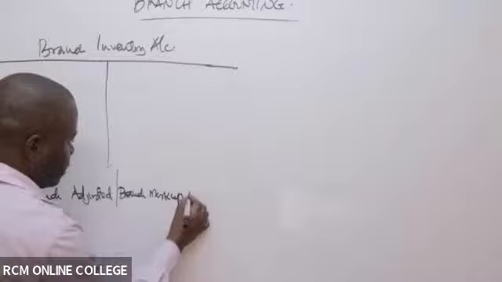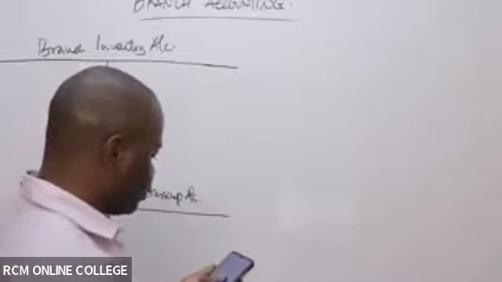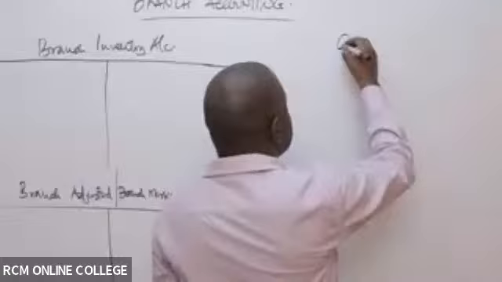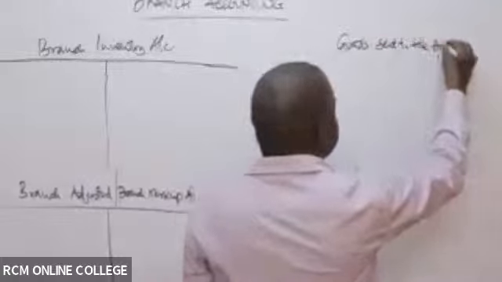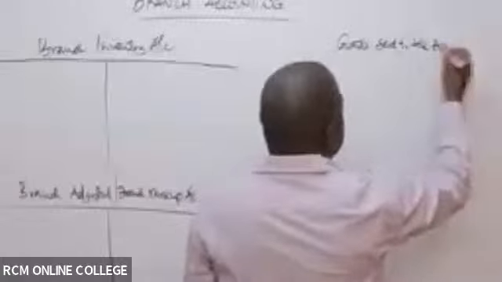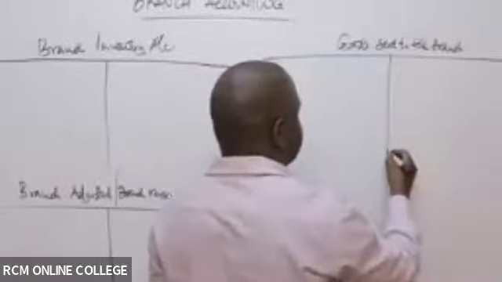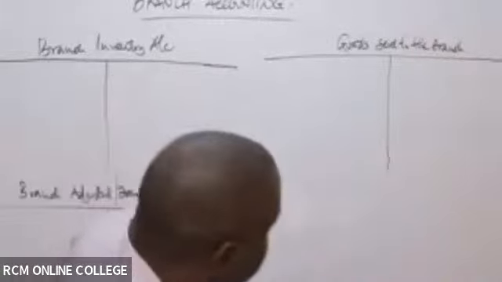That is number two which they have called upon us to prepare. Then in this case, we have the goods sent to the branch account. So we can open it. Hope you're able to see it.